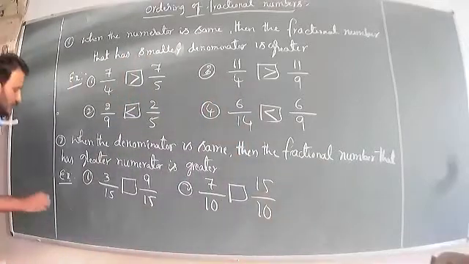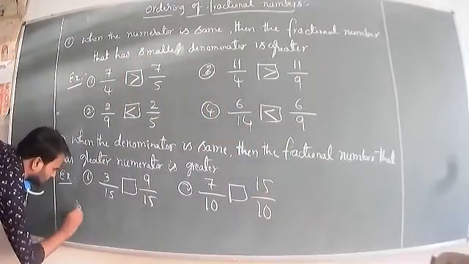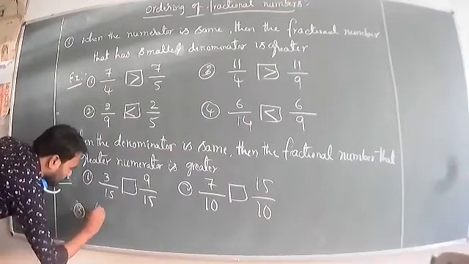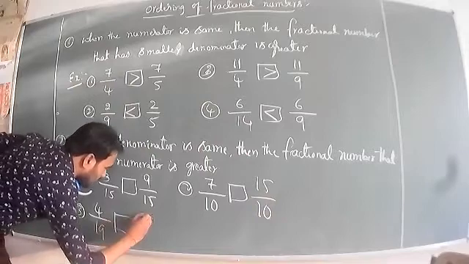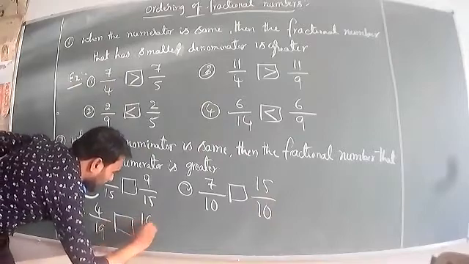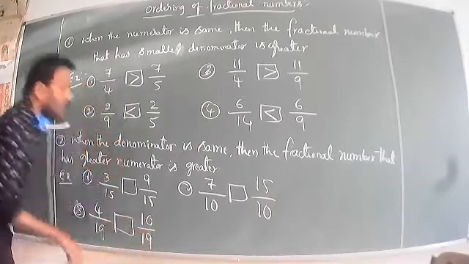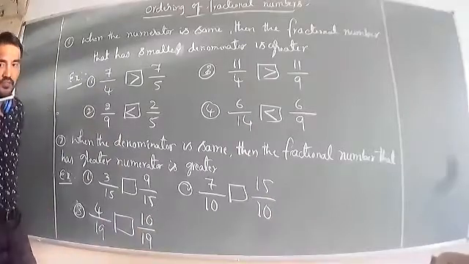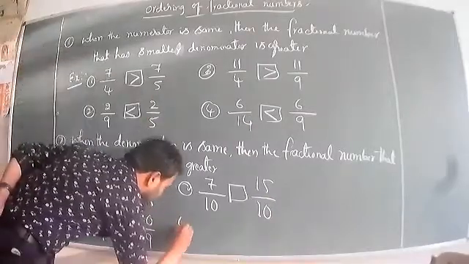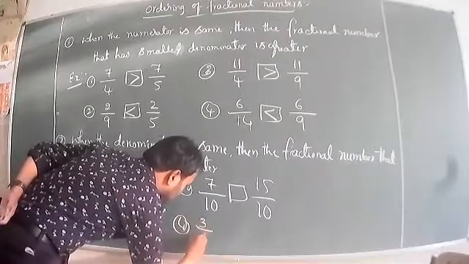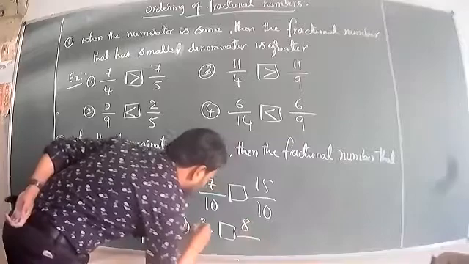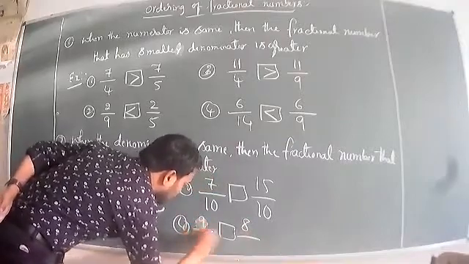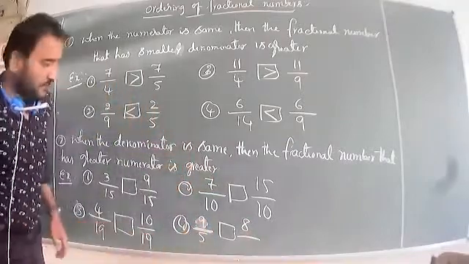Third: 4 by 19 and 10 by 19. Fourth option: 3 by 5 and, wait, here 9 by 5. We can take it as 9 by 5.